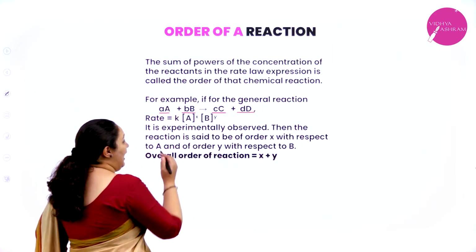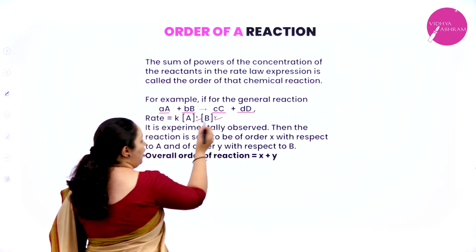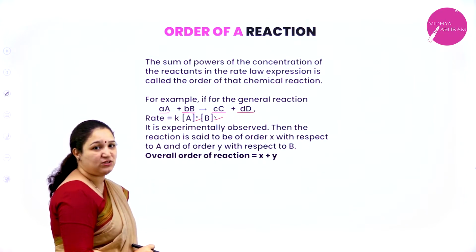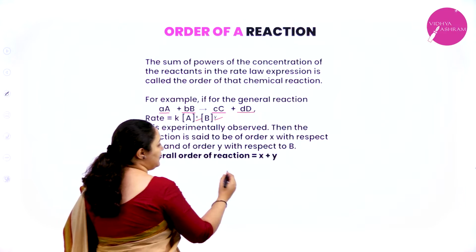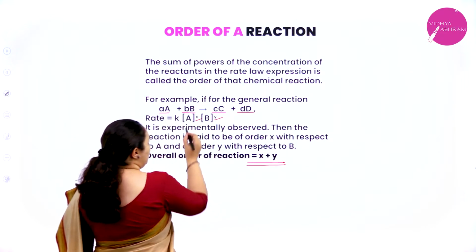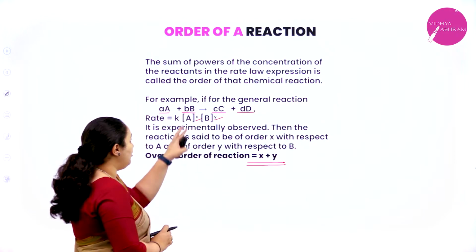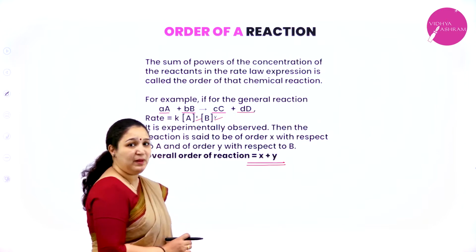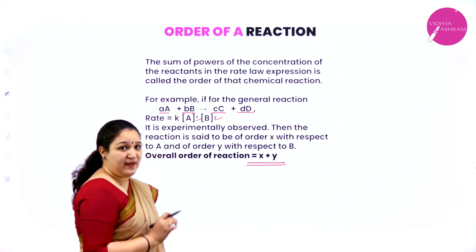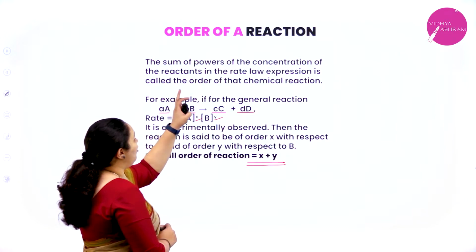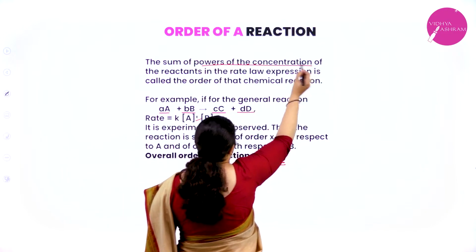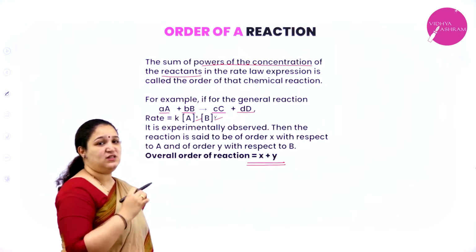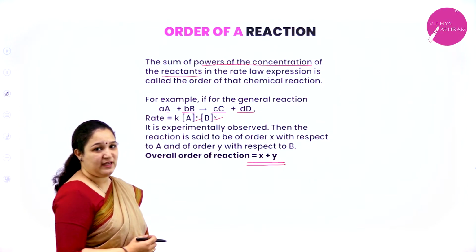So, if I add the powers of the concentration terms, that is called the order of the reaction. So, overall order of the reaction is x plus y. What is x? It is the power of the concentration of A and y is the power in the concentration term B, isn't it? That's why the definition: the sum of powers of the concentration of reactants in a rate law expression is called the order of the reaction.